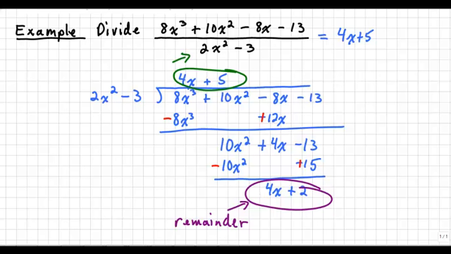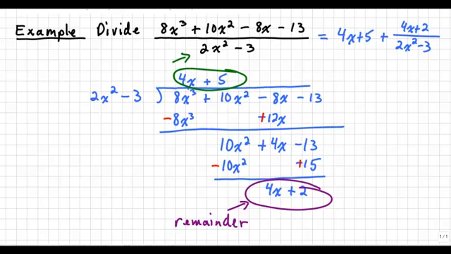And we're going to put the remainder, so it's going to be plus the remainder, which is 4x plus 2, all over the original divisor, which was 2x squared minus 3. So that's it. When we divide those polynomials, we end up with 4x plus 5 plus the quantity 4x plus 2 all over the quantity 2x squared minus 3.